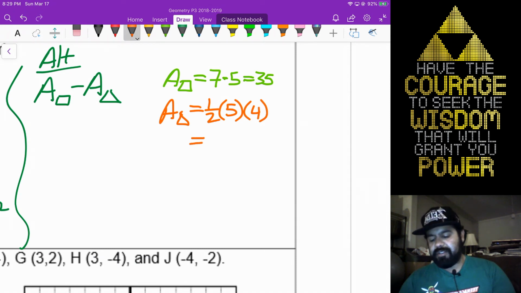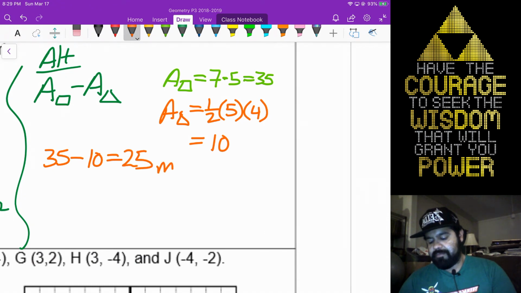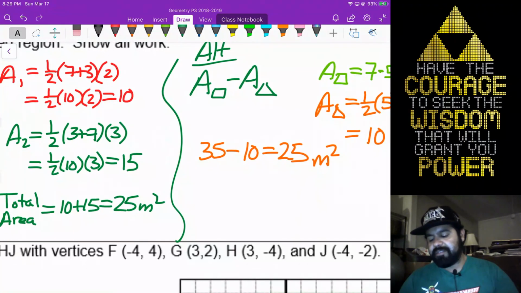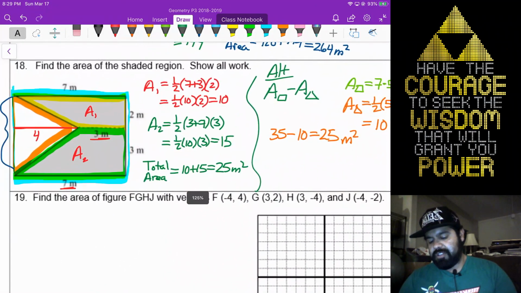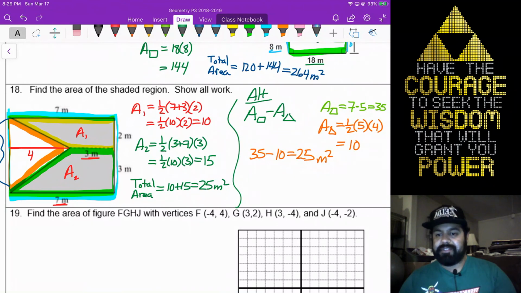So 5 times 4 is 20, 20 divided by 2 is 10. So we're going to have 35 minus 10, which is 25. So again, just a different way of doing it, but you guys will notice you should be getting the same answers.